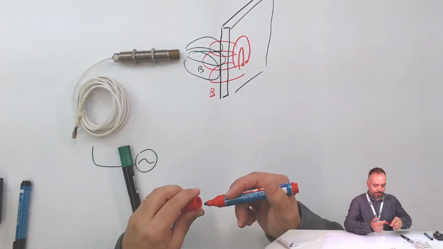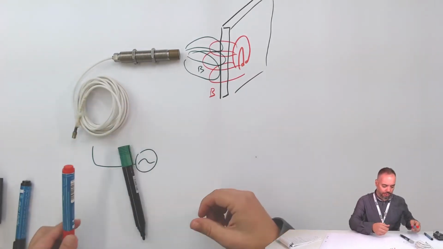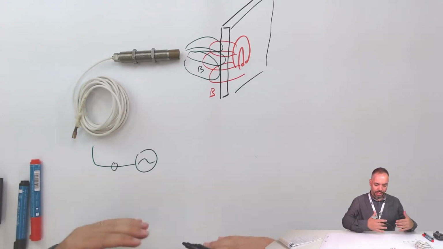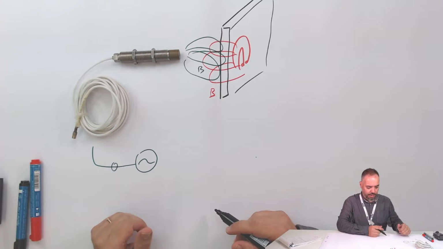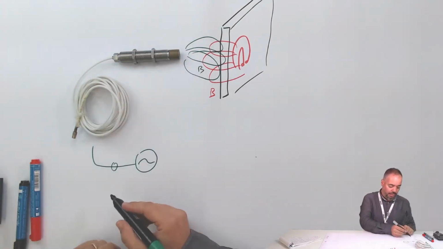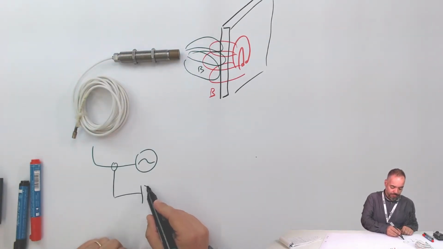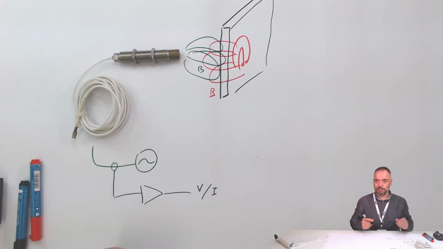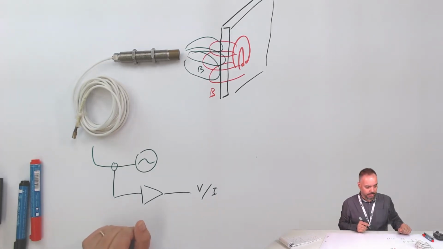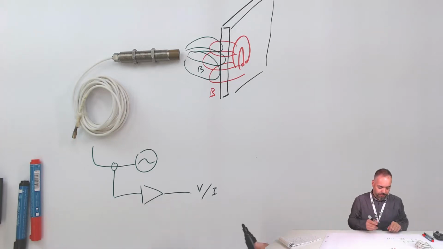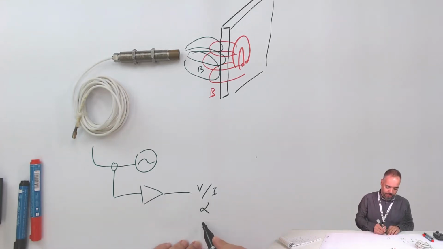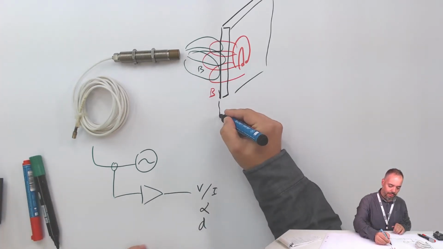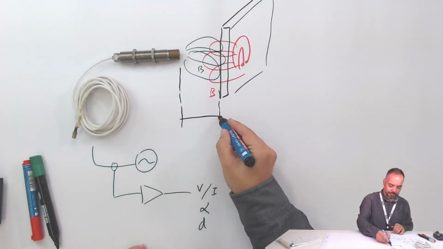And it is the interaction between these two magnetic fields that will give us a change in the current that is generating the first magnetic field, and that we will use to generate a voltage or a current, depending on the type of conditioner we are using, that will be proportional to the distance between our target and the tip of our sensor.